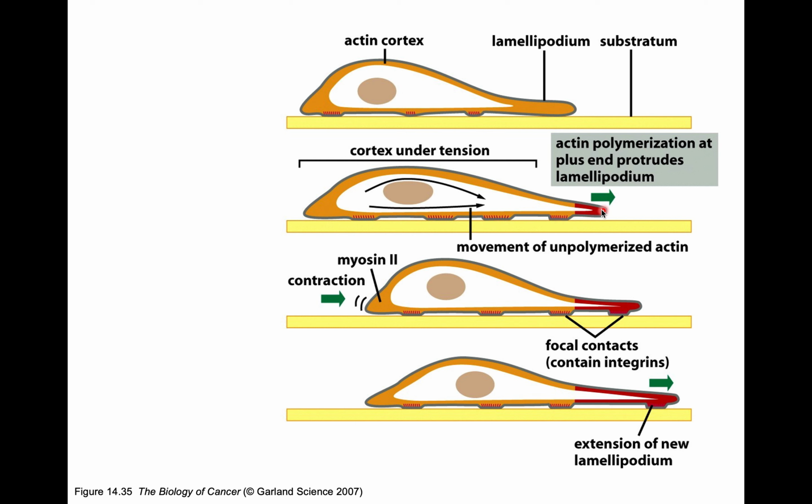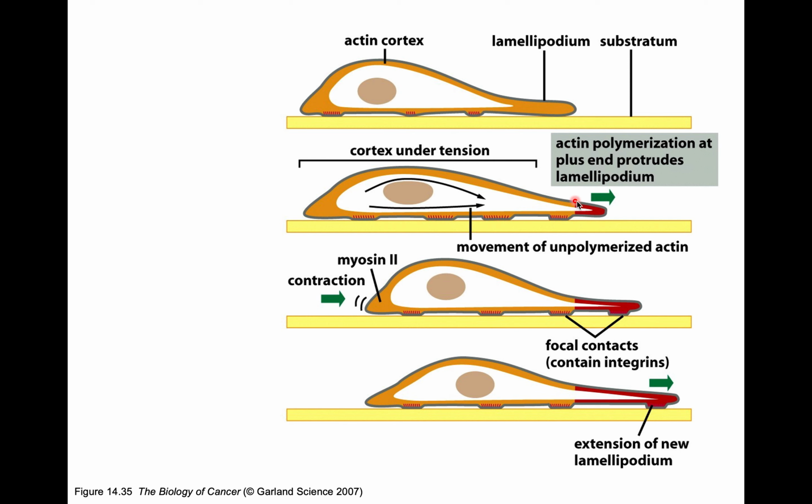And that reorganization, and really it's going to be a polymerization and a growth of those microfilaments, will push forward one end of the plasma membrane and form what's called a lamellipodium, which translates as a false foot, so it's sticking its foot forward essentially.